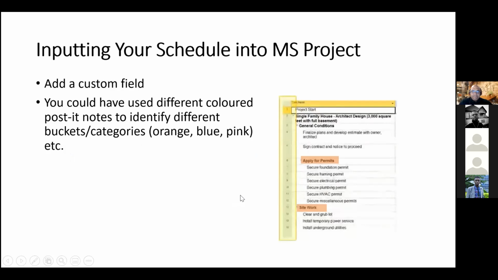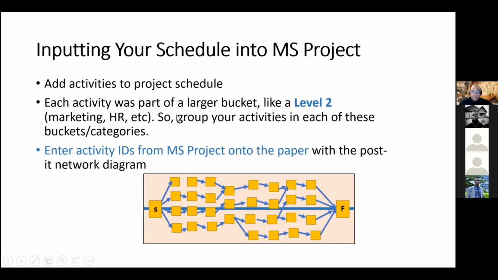Now, when we're adding custom fields, each of these activities we all did with the same color Post-it notes, but you could use different color Post-it notes to categorize them. You know, one color pink for marketing, one color blue for HR, one color red for IT.